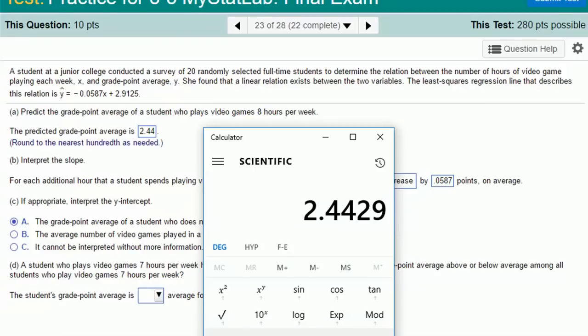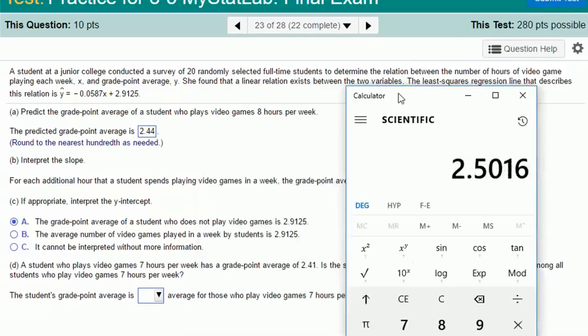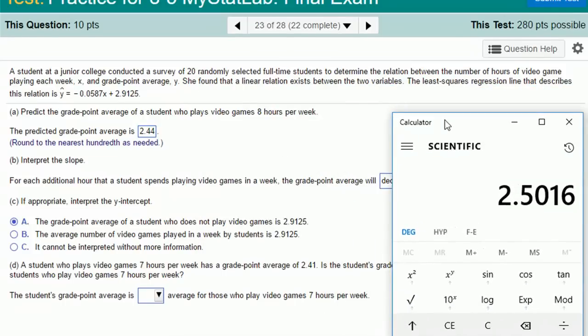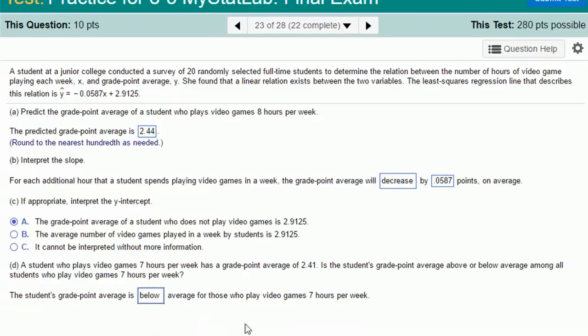For 7, it's going to be negative 0.0587 times 7 hours plus 2.9125. That gives me 2.5016. How does that compare? He has a grade point average of 2.41. That's below average. He's not doing as well as what the model would predict.